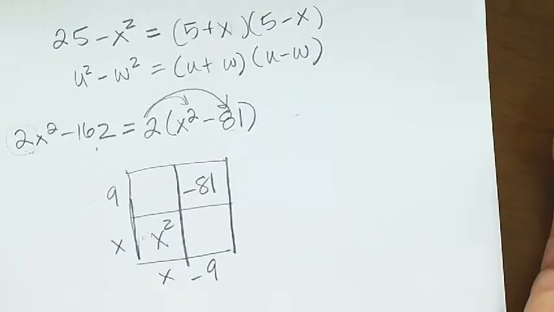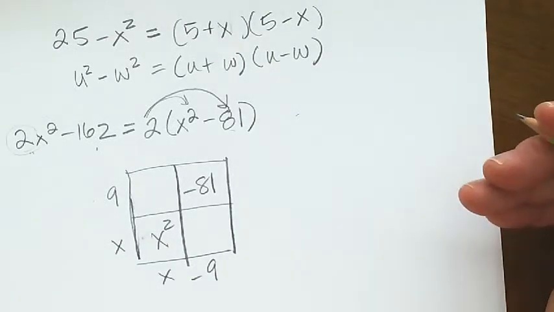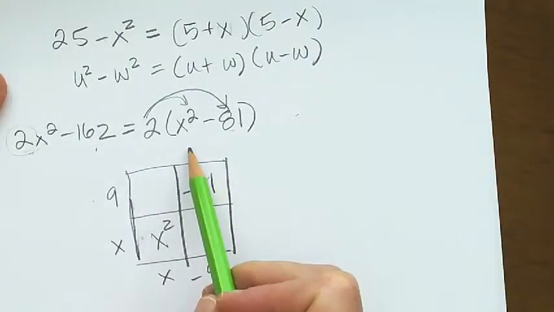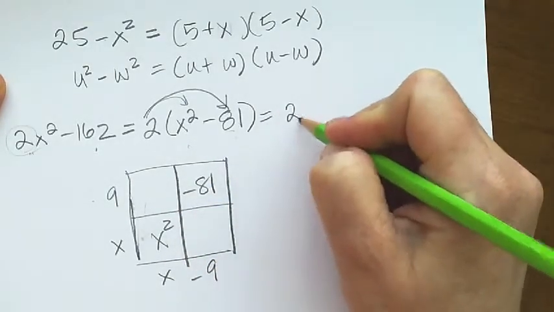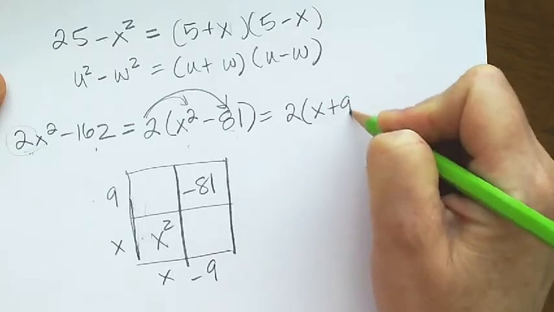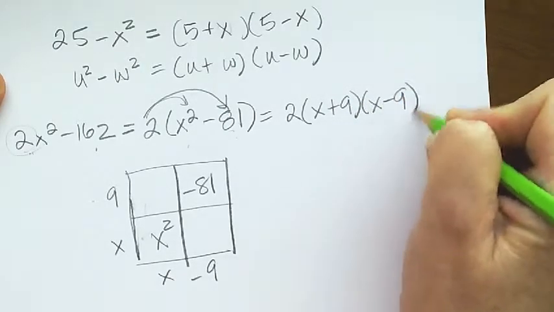I mean, you could do area diamond, but it's almost easier to just guess what this should be and then see if it works using an area model. So then this would factor into 2 times x plus 9 times x minus 9.